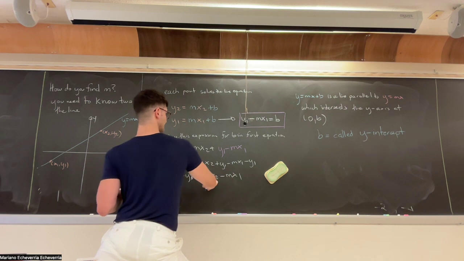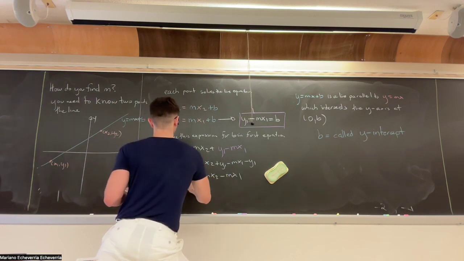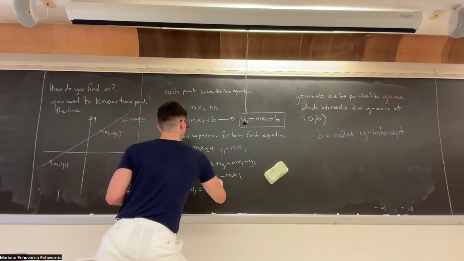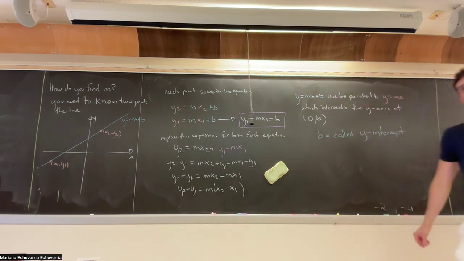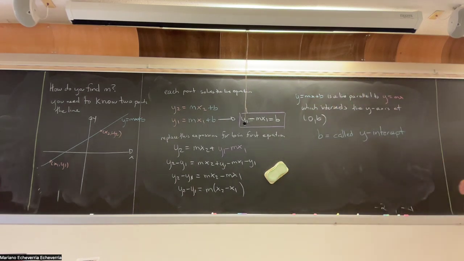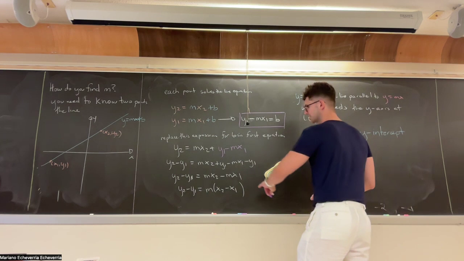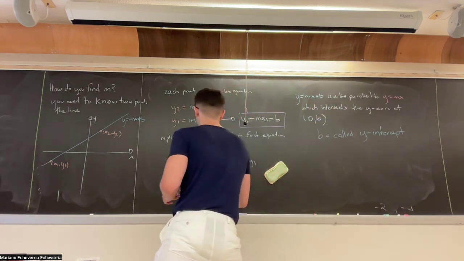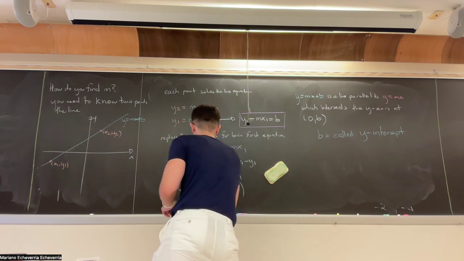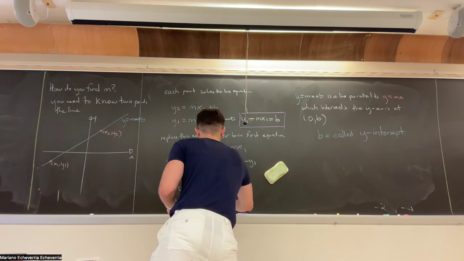Then m is common in both of these terms, so you factor it out. That's almost there: if you divide by x2 minus x1, that gives you an expression for m. So you get y2 minus y1 over x2 minus x1 equals m.